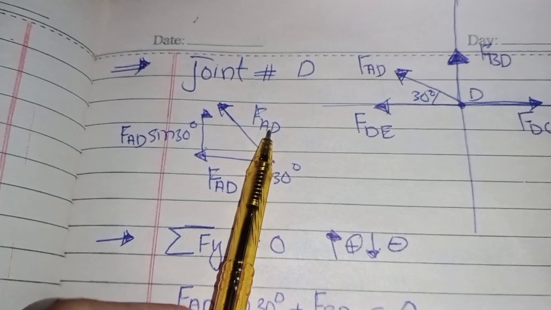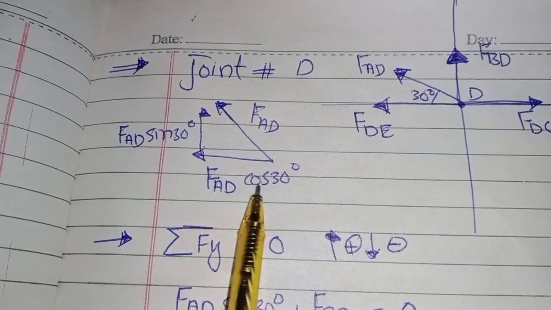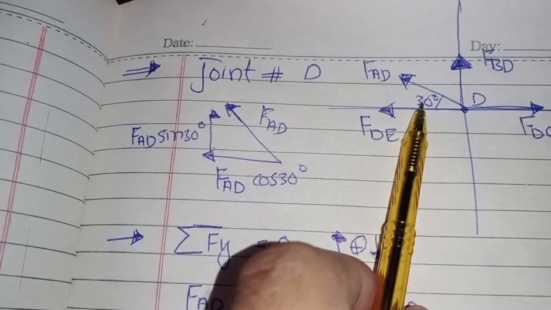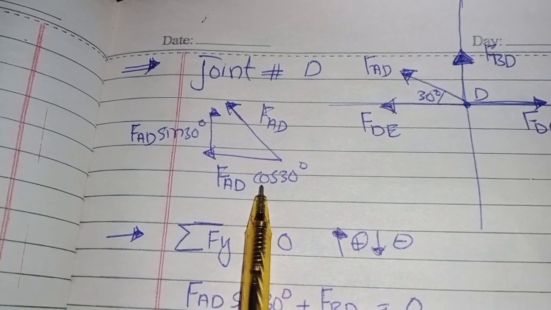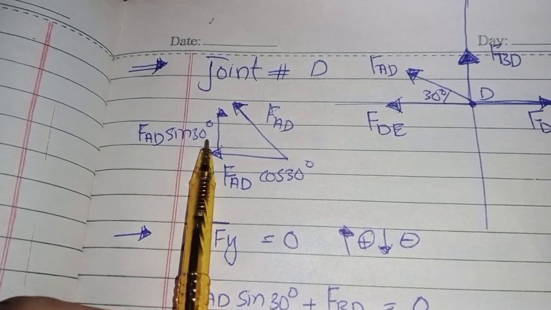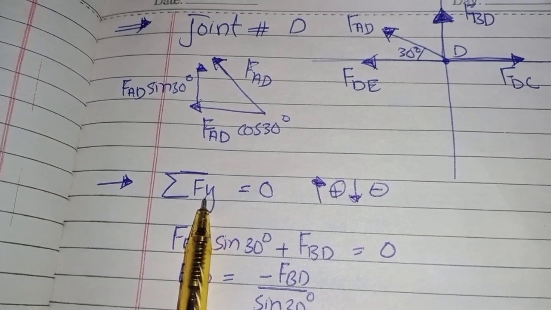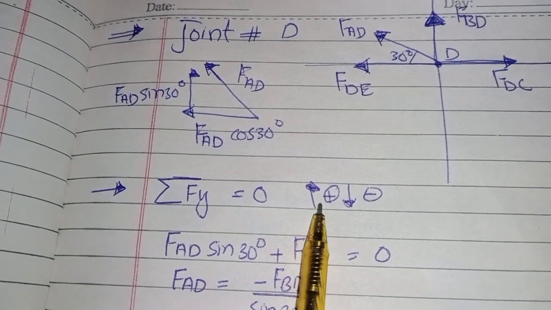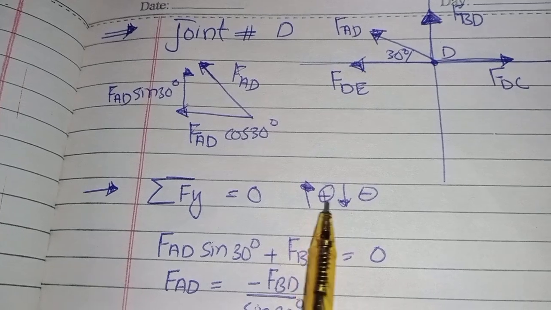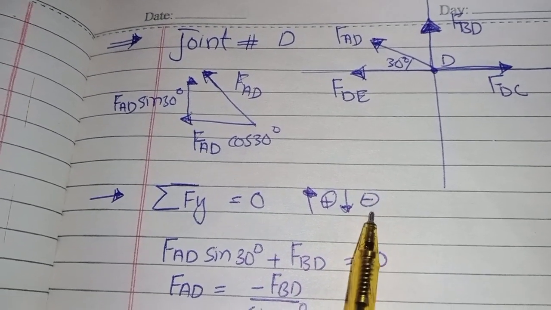So FAD is a resultant force. So FAD cos 30 makes an angle with the x-axis, the horizontal axis, and with the vertical axis there will be sin 30. Okay, FAD. So the summation of all vertical forces is equal to 0. The force directed up is positive, the force directed down will be negative.